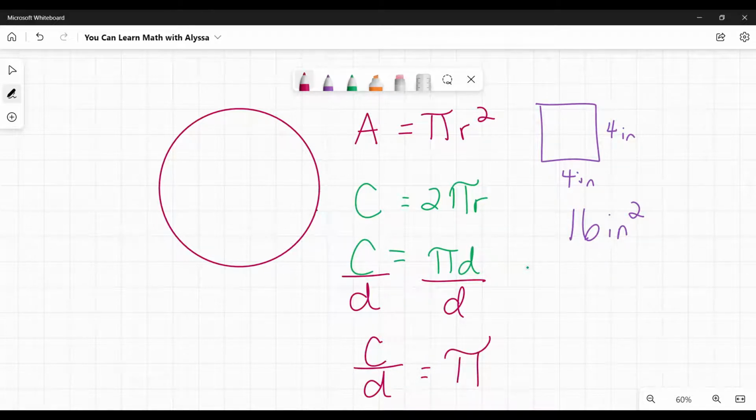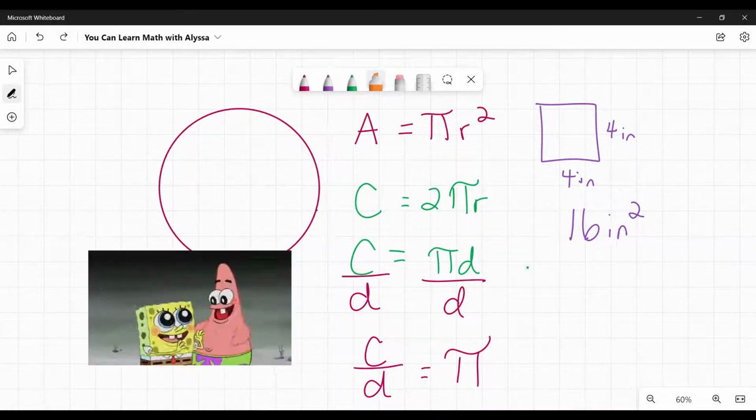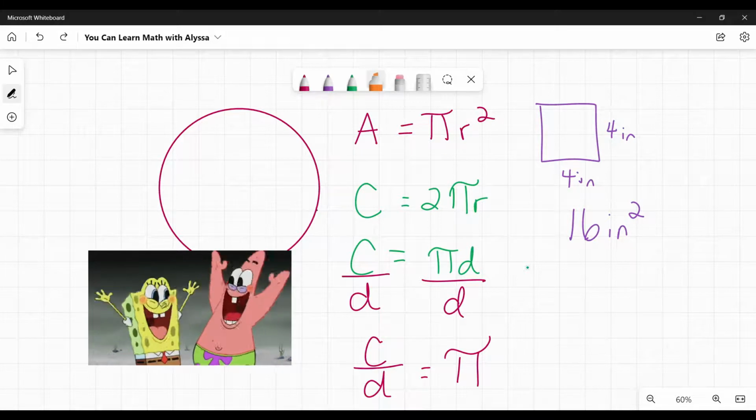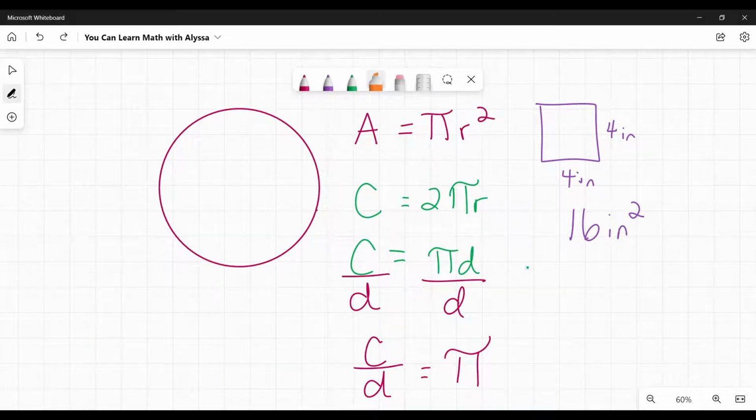So there's our little proof. Pi is the ratio of the circumference to the diameter of a circle. Measurements were made, numbers were divided, pi was acquired. Dun dun dun! And they have their pi, and it is a constant. Every single perfect circle in the known universe has this exact same ratio.